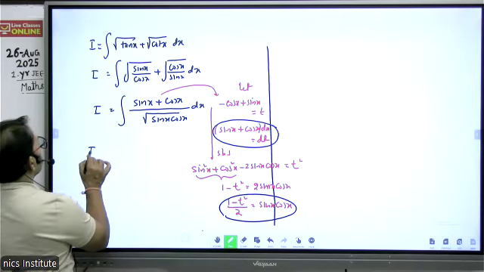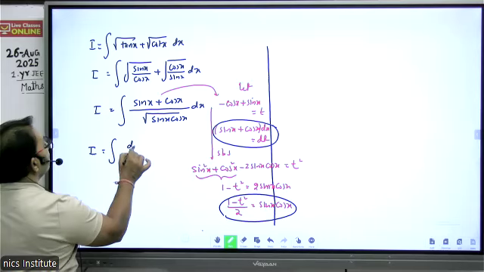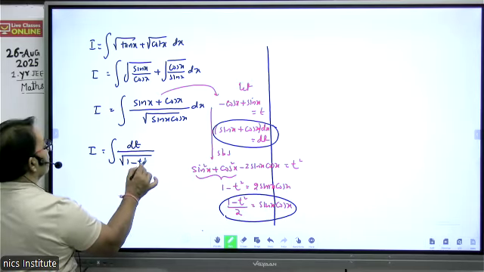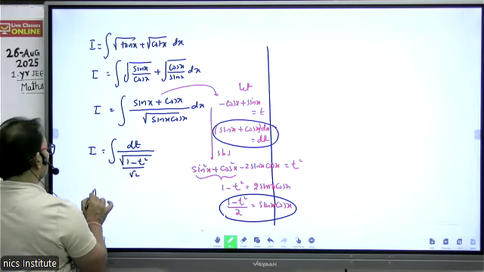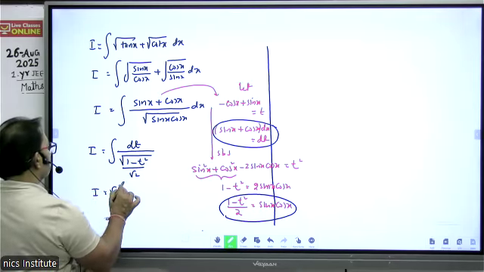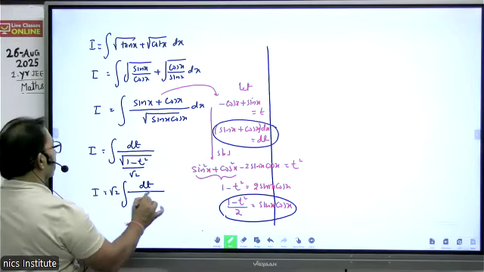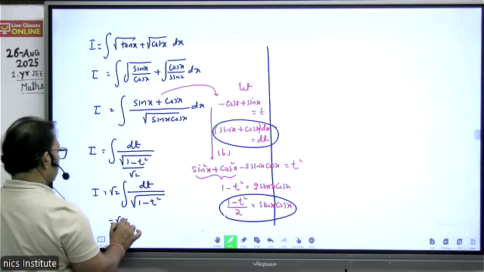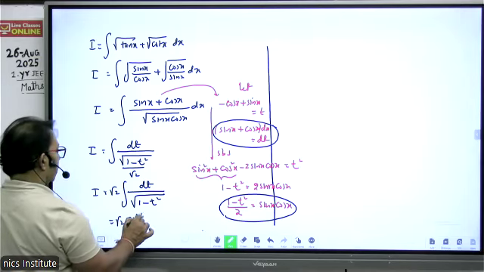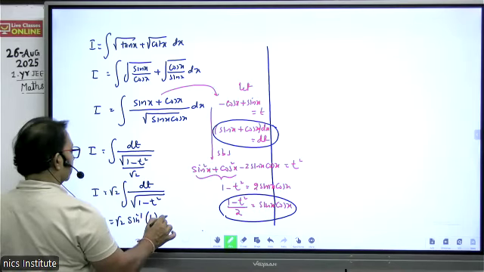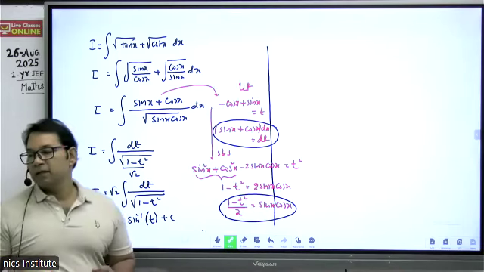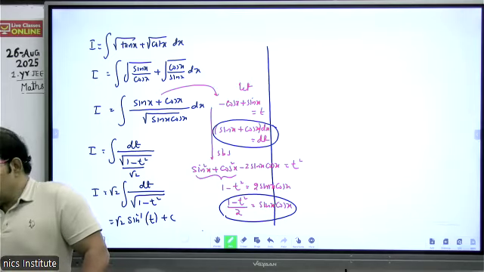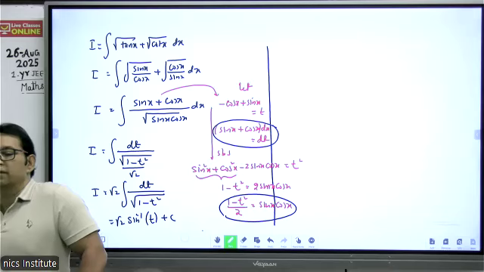So the numerator is dt divided by under root 1 minus t square by 2, or it is root 2, and this is a standard integral, 1 by root 1 minus t square. That is root 2 sine inverse t. And t is sin x minus cos x.